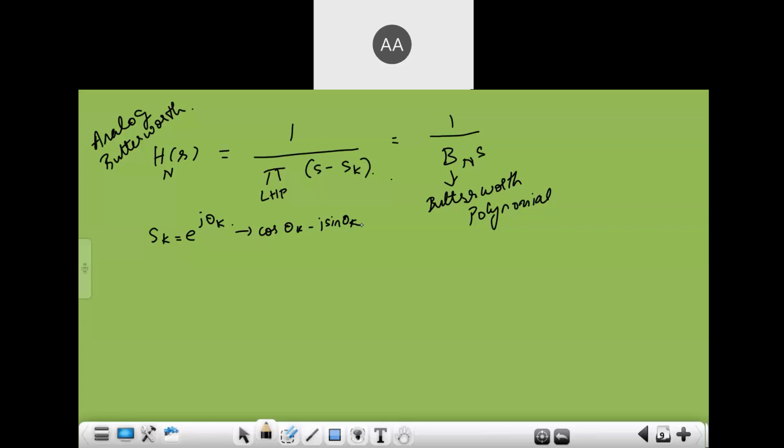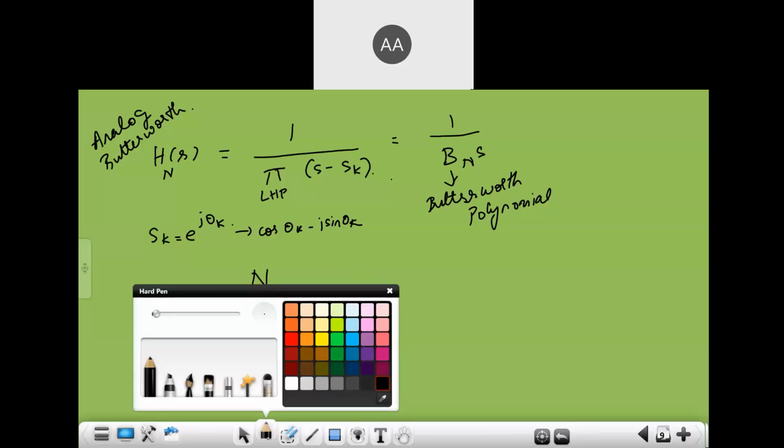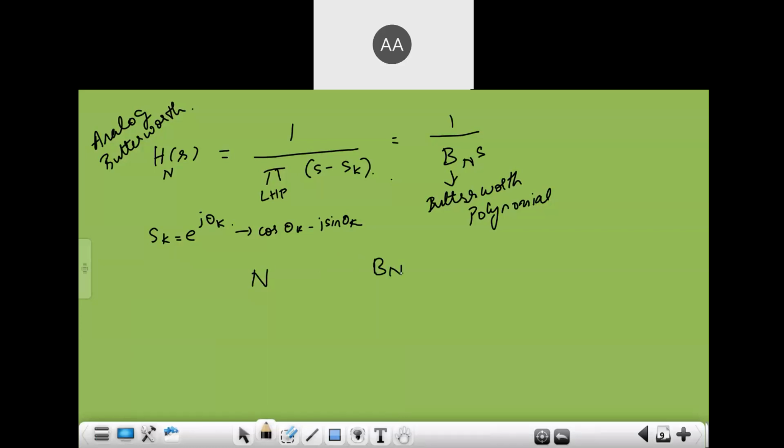I want you to form a table where n is the order of the filter and the Butterworth polynomial for the values of n is equal to 1, 2, 3, 4, 5 and so on. At least for 5 values of n, you find out the Butterworth polynomial, write and keep. Even in your exam, this step is very important for you to design an analog filter.